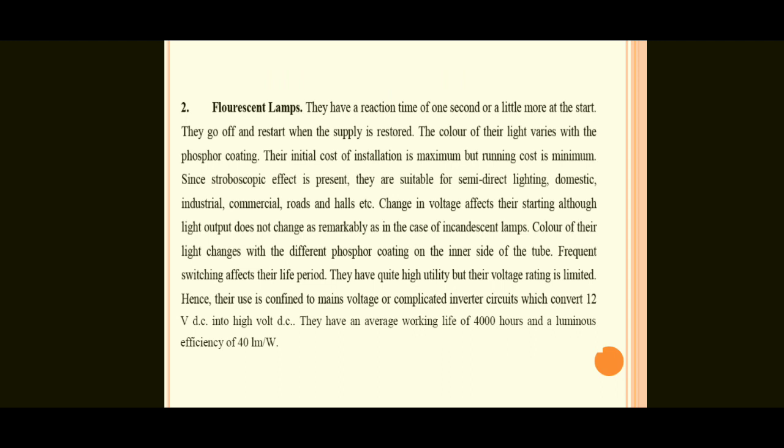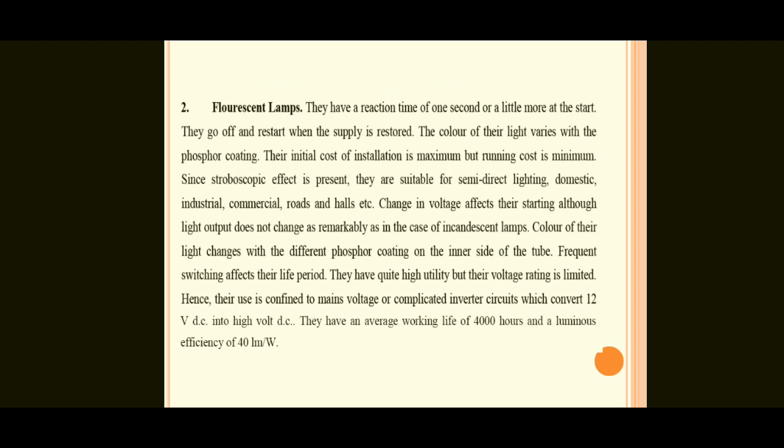The color of their light changes with the different phosphor coating on the inner side of the tube. Frequent switching affects their life period.